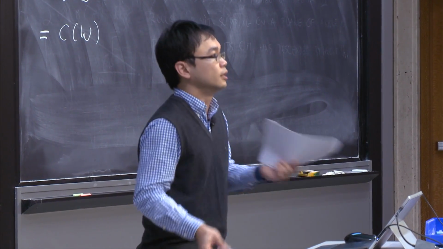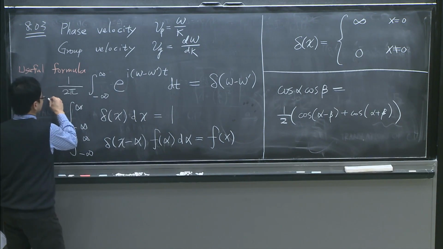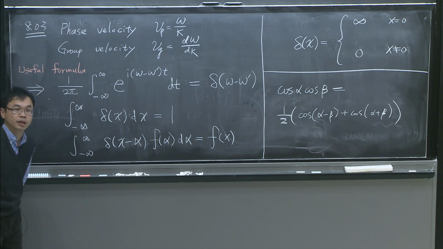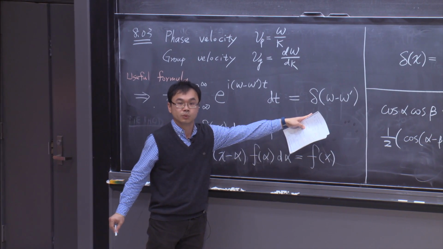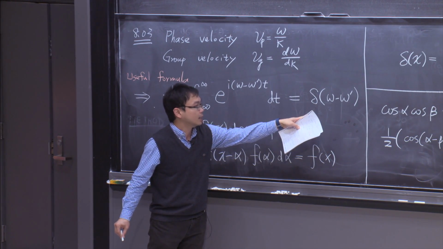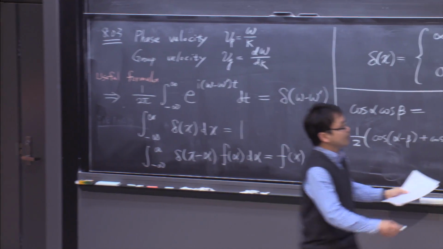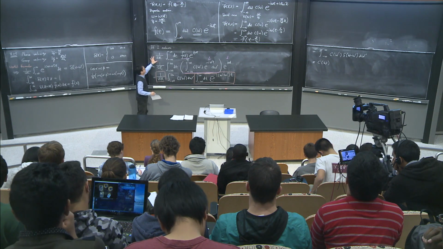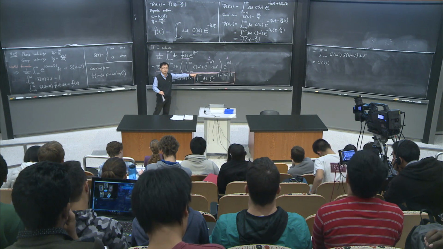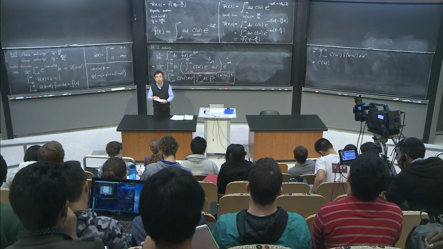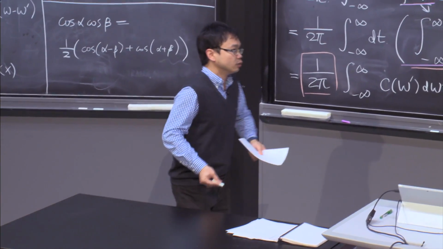Now omega is continuous, and I am using the orthogonality of the exponential function. If I do this integration, it will only give you a non-zero value when omega is equal to omega prime. It's exactly the same thing. Then I can construct an integration like this, and that will give you the resulting C as a function of omega, which is like the amplitude of one of the associated harmonics, exponential i omega t.